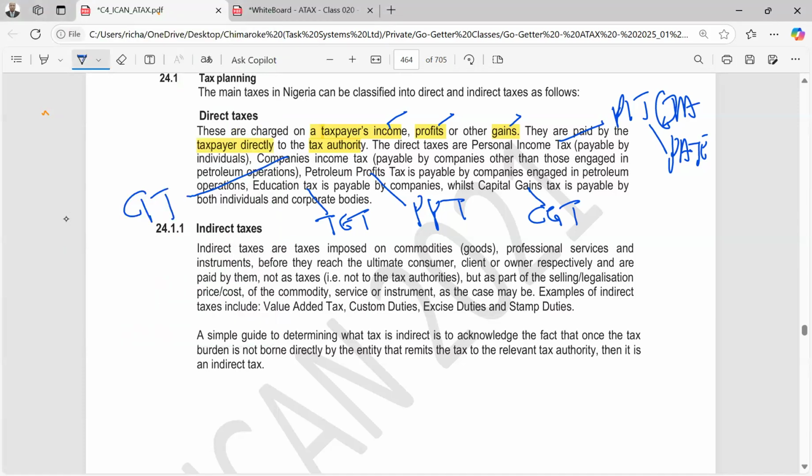That's why sometimes when you go to a big shop to buy, because they're paying VAT and all that, their things used to be costlier than someone who is not paying VAT, who is selling in a small shop or even under a mango tree in Nigeria.